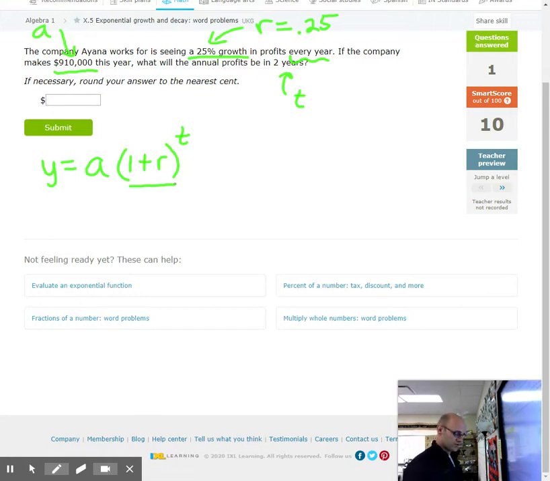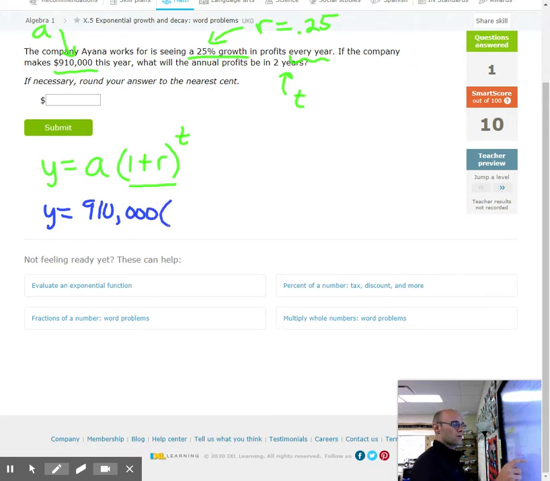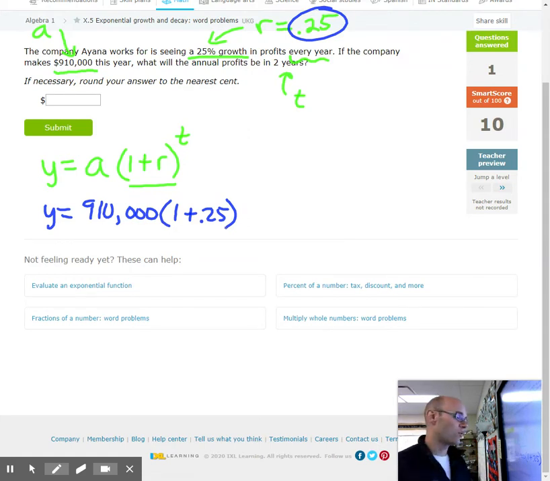So let's plug in our numbers, and looks like y is going to equal, our amount is 910,000 times 1 plus, okay, the rate is the 0.25, so our growth amount will be multiplying 910,000 times 1.25. The 1 gives you the 910,000. That's 100% of 910,000.